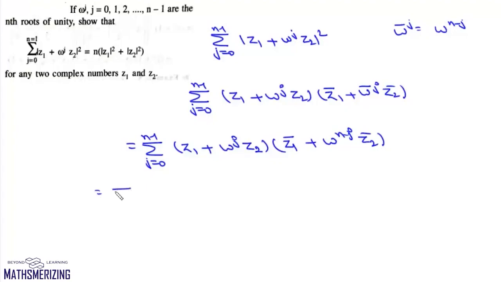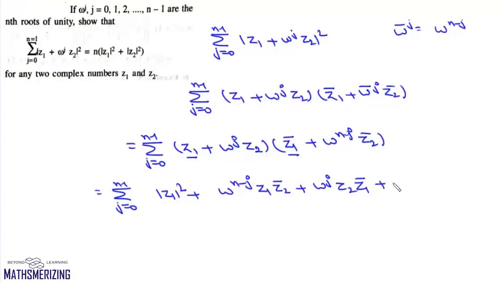If we multiply them, we'll get the summation j varies from 0 to n minus 1, and then z1 into z1 bar will be mod of z1 square, plus omega to the power n minus j z1 into z2 bar plus omega to the power j z2 into z1 bar, and then plus omega to the power n into mod of z2 square.